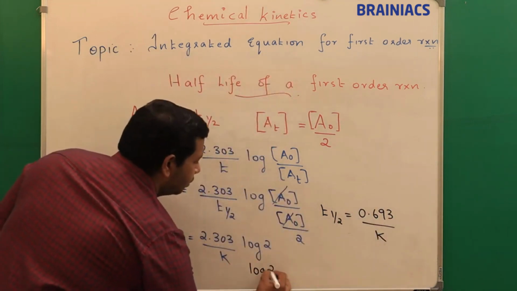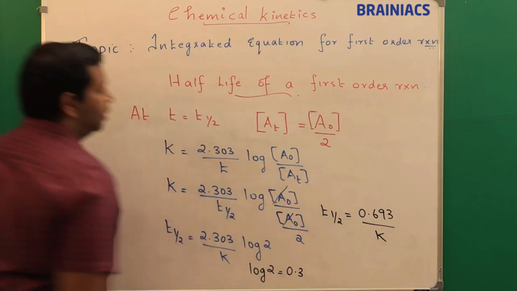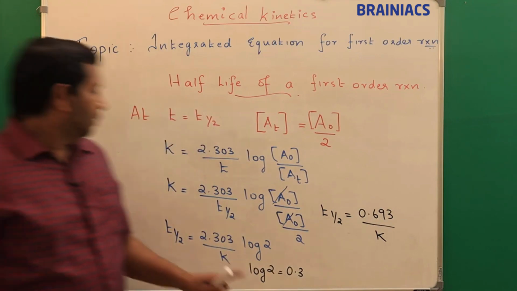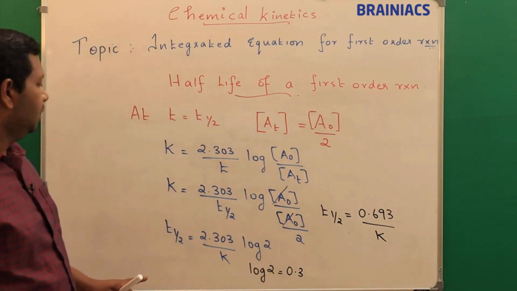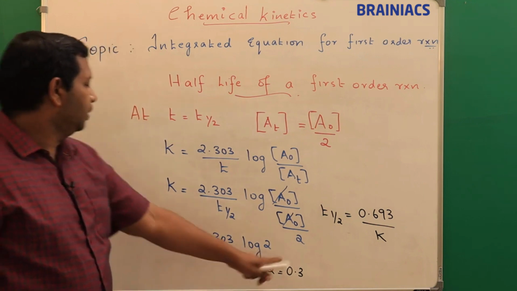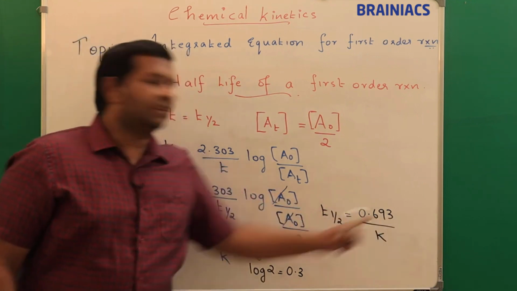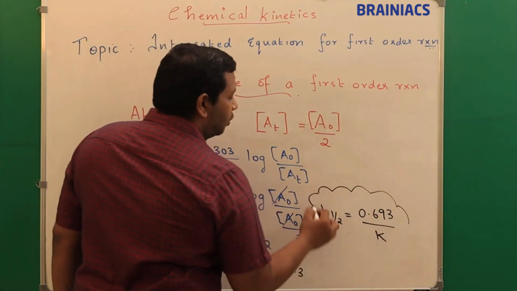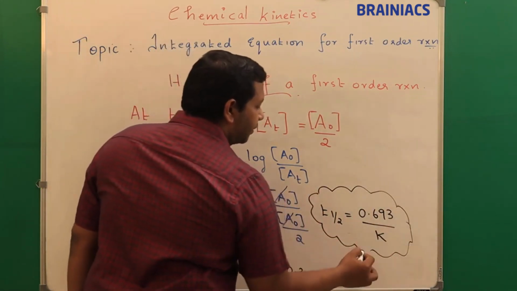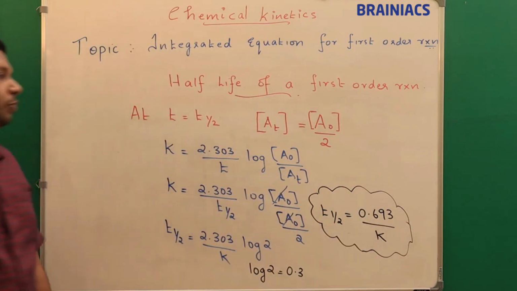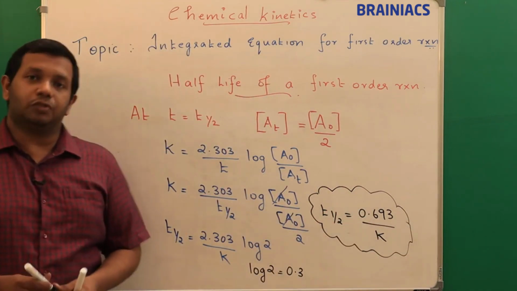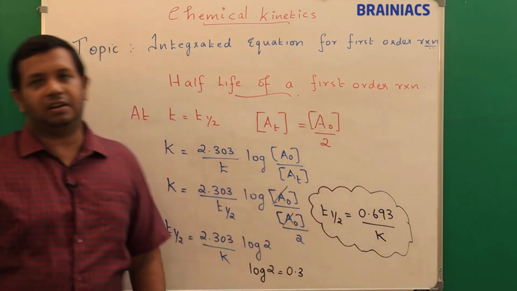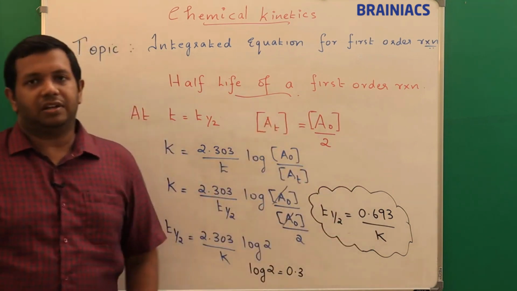Log 2 is approximately 0.3, so 0.3 into 2.303 will become 0.693. So please remember this equation: t half for a first order reaction is equal to 0.693 by k. The most important thing is t half is not depending upon any initial concentration for a first order reaction.